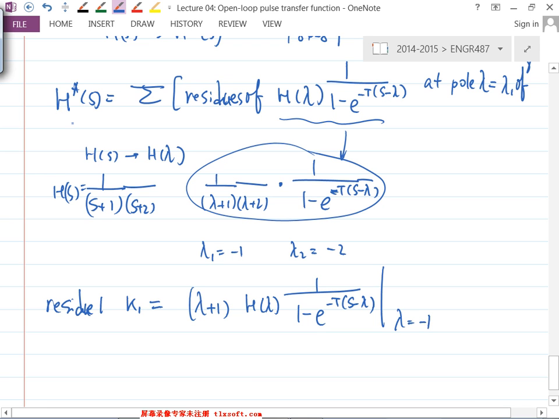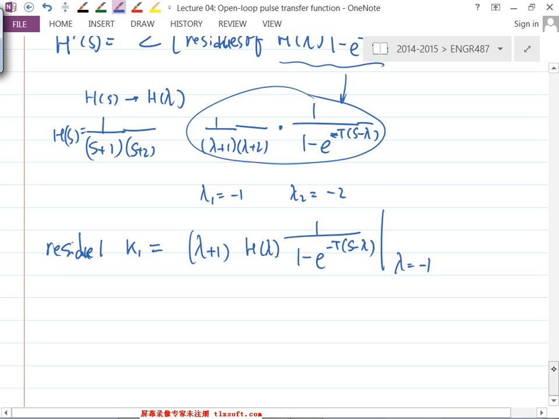So the last step is to replace the s with 1 over t ln z. You might think, what does that lead to? You see here, this is e to the power negative t times s minus lambda. If I plug lambda equal to -1 here, this is plus 1.